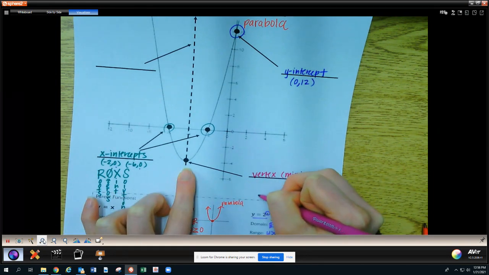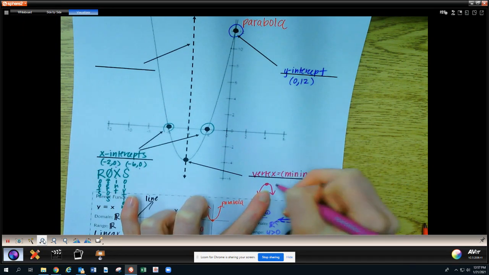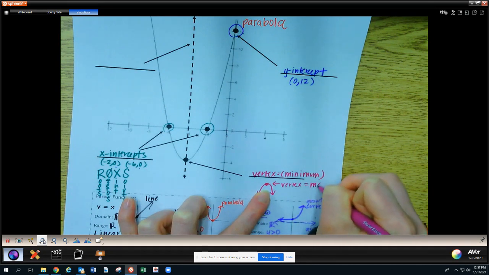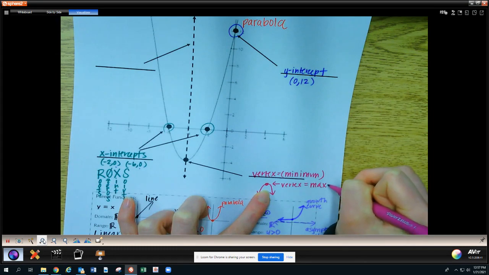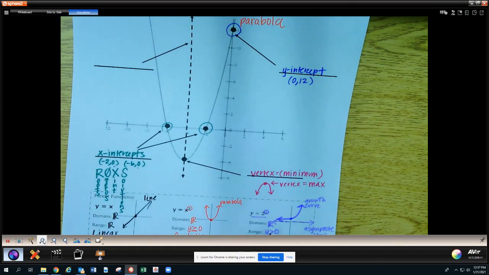Sometimes this quadratic will be upside down. And so in this case, the vertex would be the maximum. I'm just going to say max. Okay, vertex is max, depending on which way the parabola is facing.